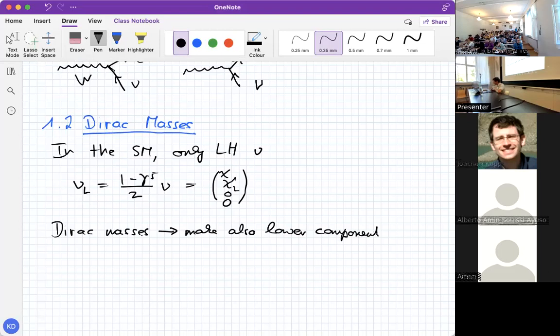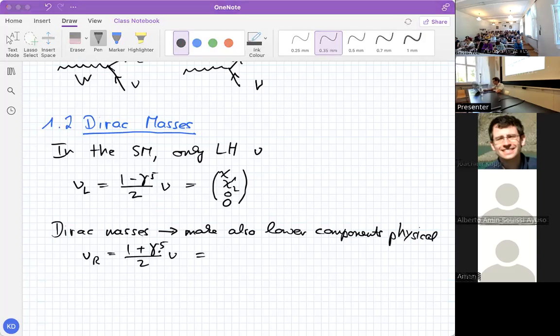In other words, we complement the nu L fields by a field nu R, which is now (1 plus gamma 5)/2 times the 4-component field. And that can then be written, let's call it chi3 and chi4, for instance.